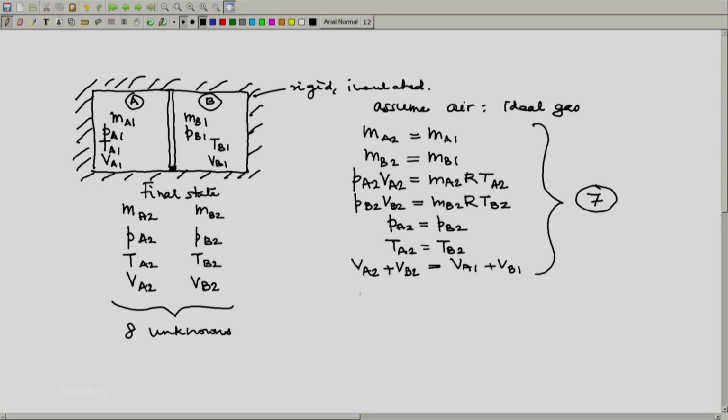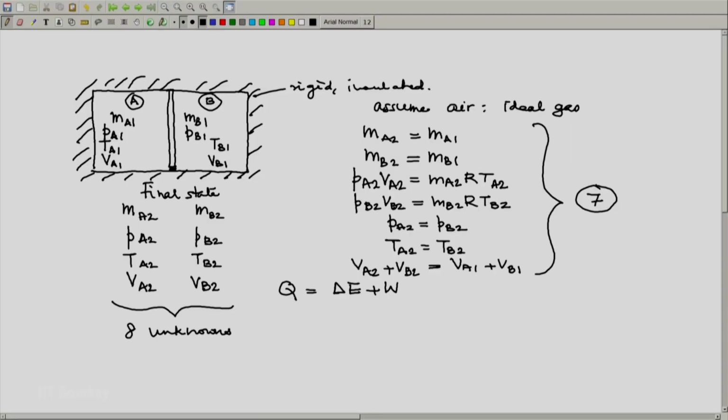The first law of thermodynamics would be Q equals delta E plus W. Now, first we are given that the complete system to which we are applying this is an insulated system.